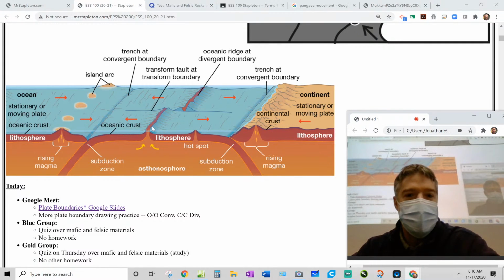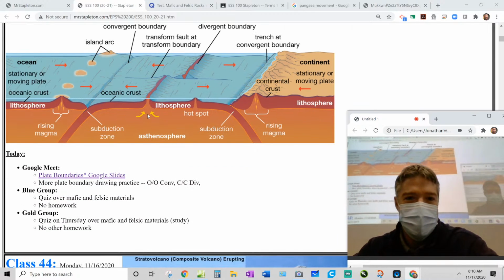And one kind of important thing, ooh, this is just plain wrong. See these arrows? Look at those yellow arrows. Are those correct? No. This is an ocean divergent boundary. See all the red arrows showing the plate movements? So the plate has to be moving to the right.